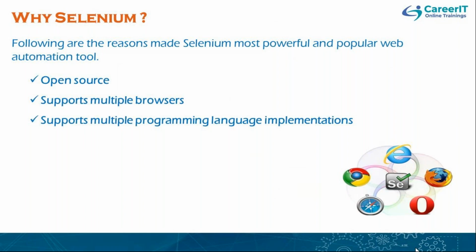It supports multiple programming languages, and it supports multiple operating systems as well. That means if you have created your automation scripts using a Windows based operating system, the same scripts can be executed in Linux or Unix or even on Apple machines, guys.